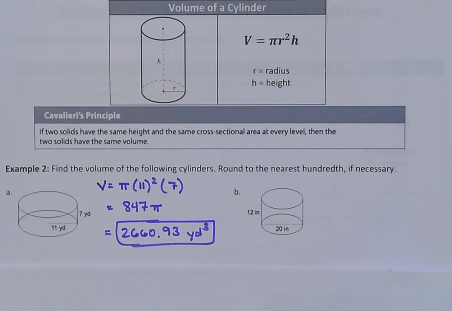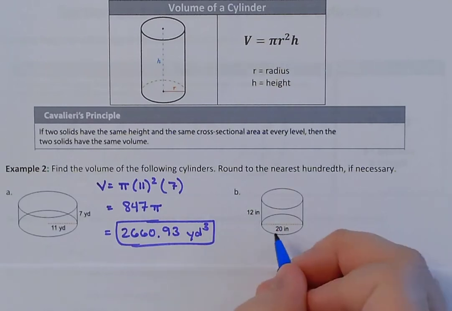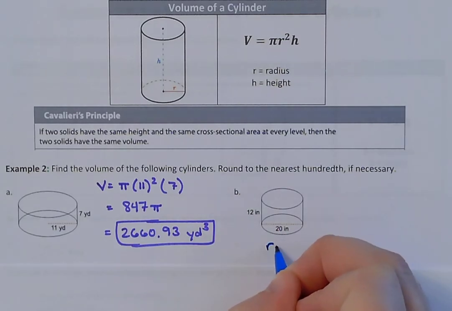All right, if we take a look at B, they tell me the height of this cylinder is 12 and the diameter of this cylinder is 20. So if I know the diameter is 20, that means the radius is 10.